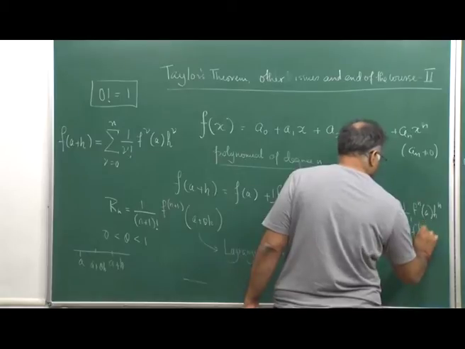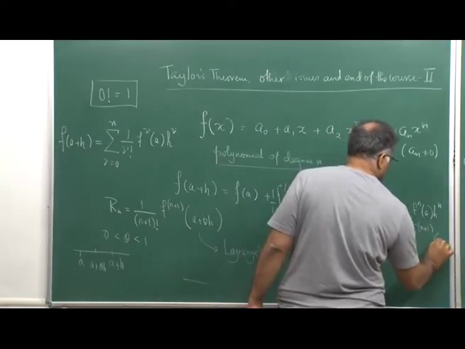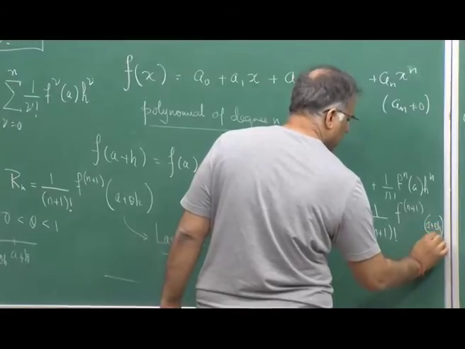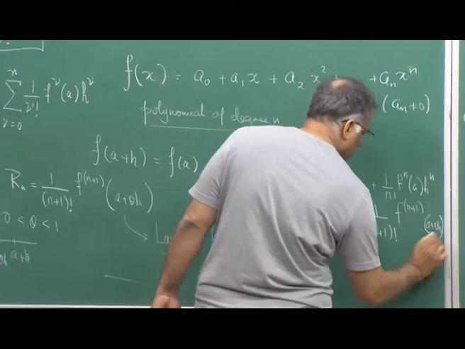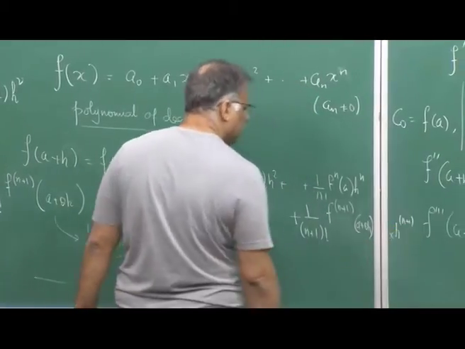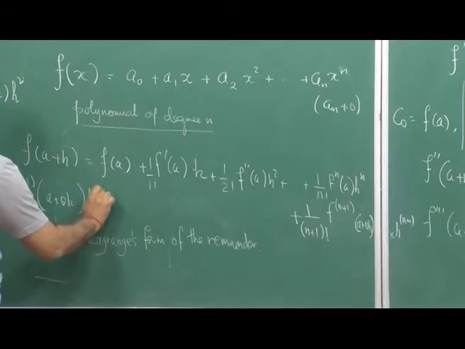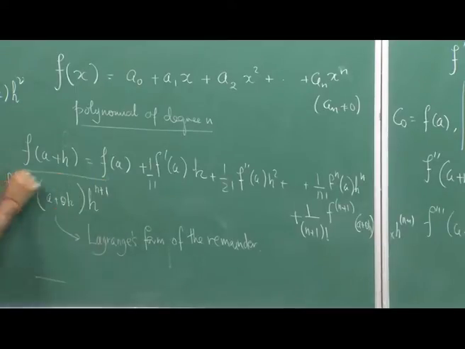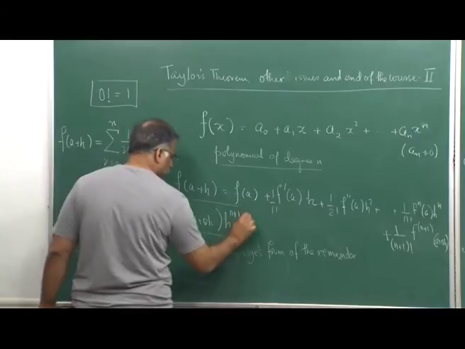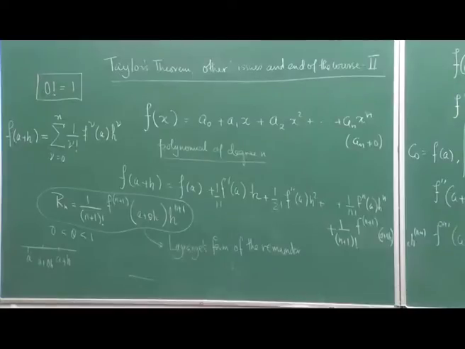So, I can have it as f n plus 1 of a plus theta h, into h to the n plus 1. Sorry, here I should have also h to the n plus 1. So, this is the Lagrange form of the remainder, and do not forget the h to the n plus 1.